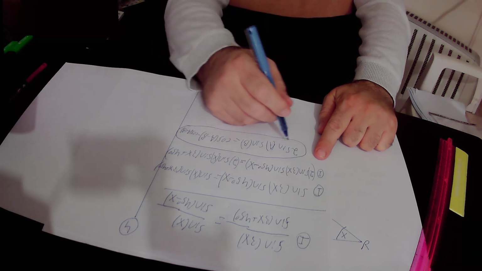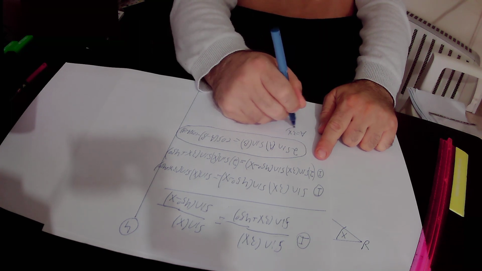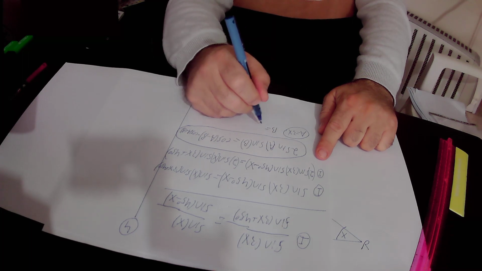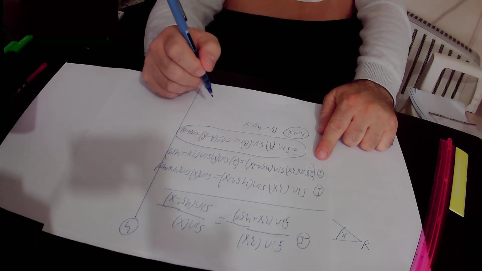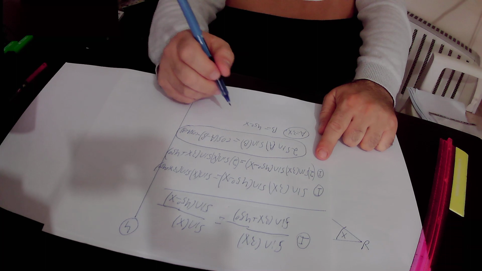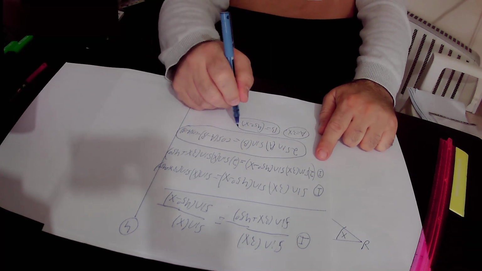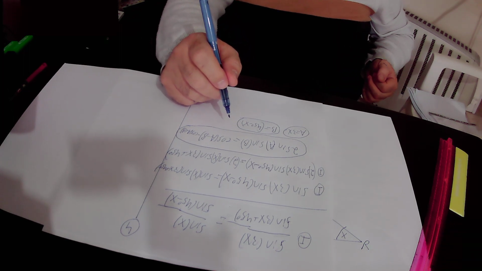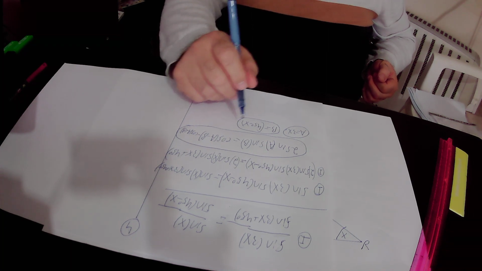So here A will be equal to 3x and B will be equal to 45 degrees minus x, and therefore we get that 2 sine A sine B equals cosine (A minus B).